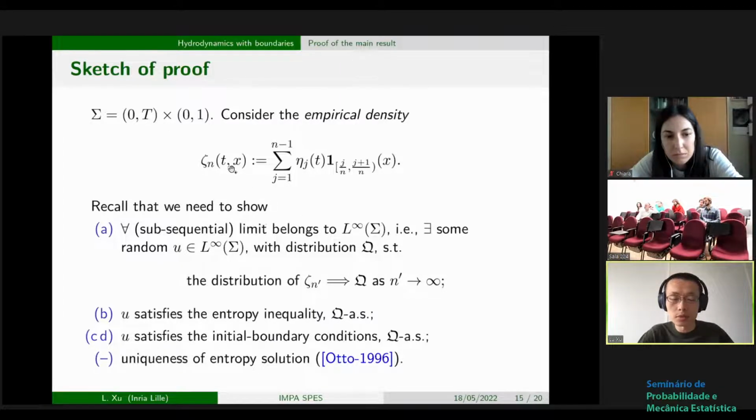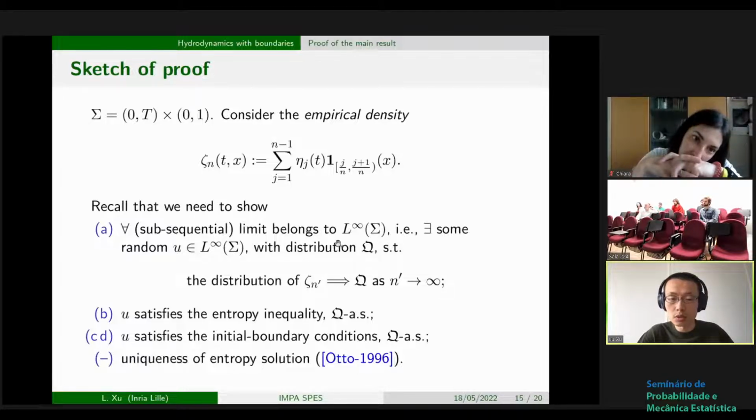So the first step, the point is that I know that theta n is uniformly bounded in the L infinite space. So it should have a weak star limit point. But the problem is that the L infinite space is not closed under the weak star topology.